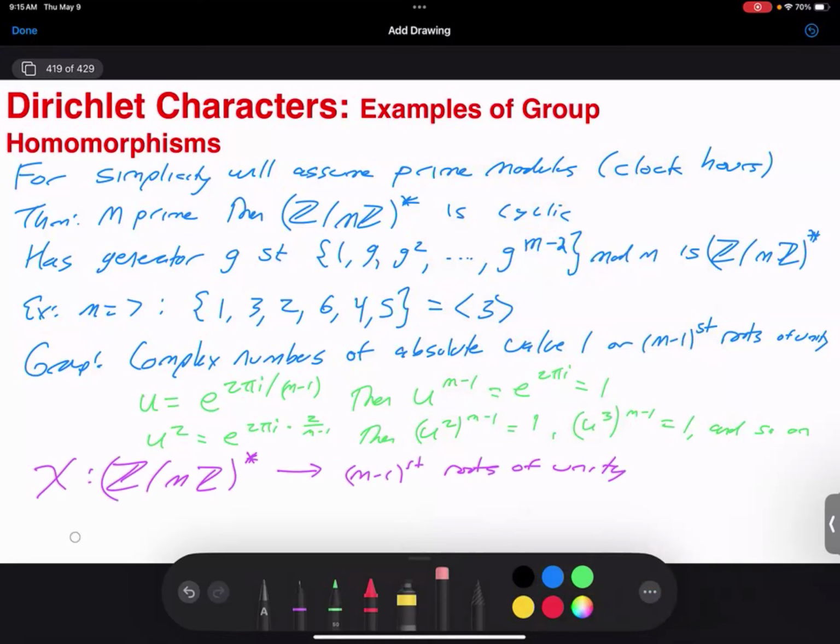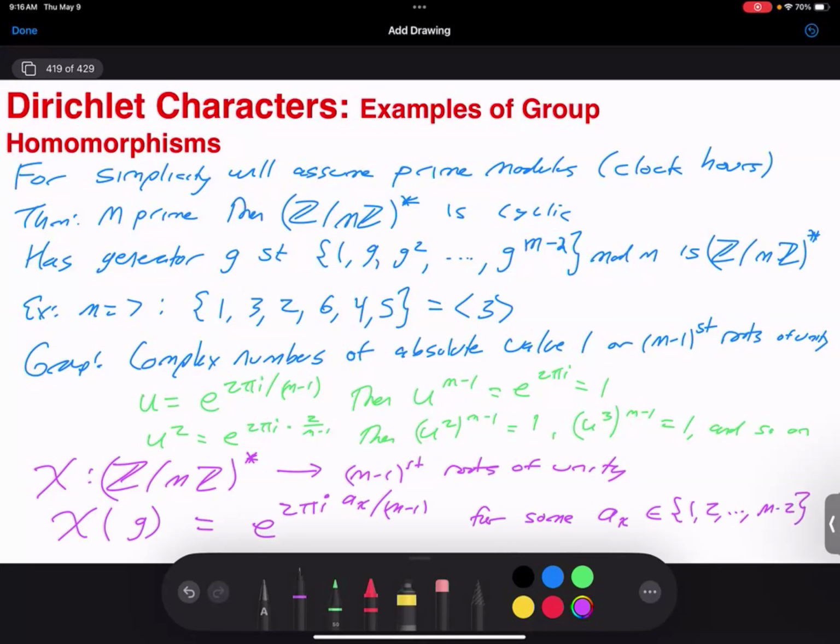And I'm going to define it by chi of g is going to be e to the 2 pi I a sub chi over M minus 1, for some a sub chi in 1, 2, ..., M minus 1. I'll go up to M minus 1.